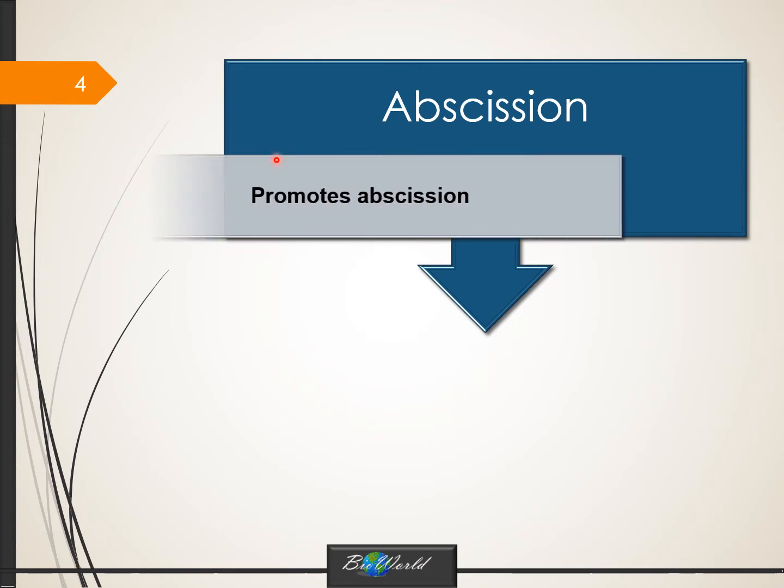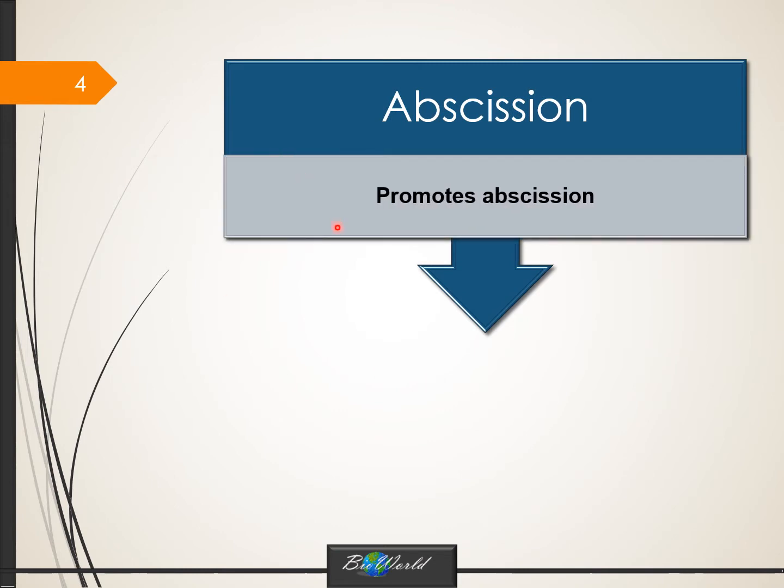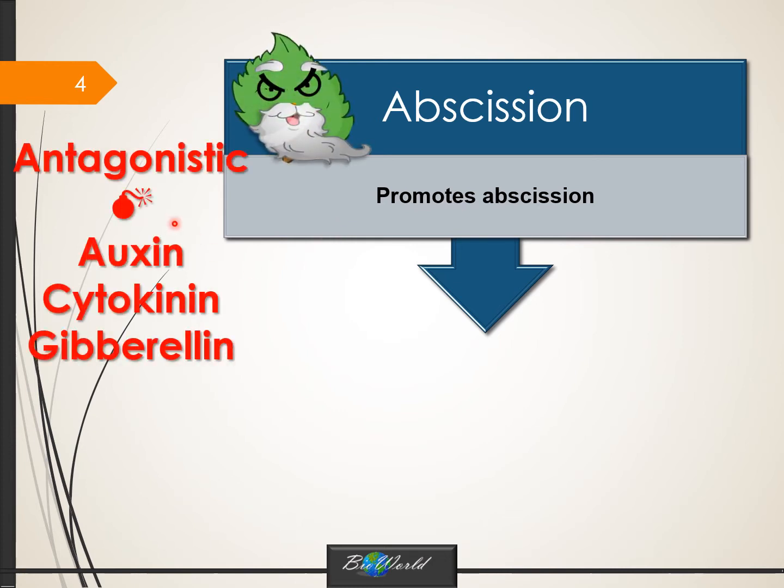Naturally, abscisic acid is going to promote abscission. This is antagonistic to the previous three hormones, auxin, cytokinin, and gibberellin, which were inhibiting abscission. These hormones prevented flowers, leaves, or even fruits from falling off the stem. As in the picture with the green leaves, when the wind was blowing so strongly, nothing fell.